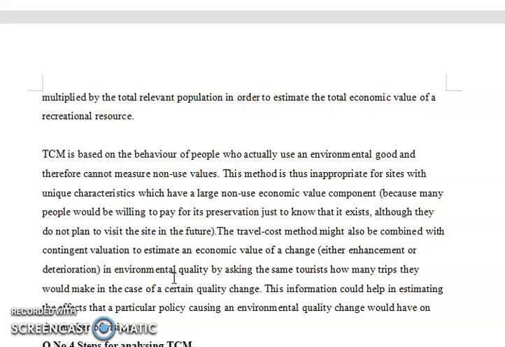This information could help in estimating the effects that a particular policy causing an environmental quality change would have on the number of visitors, whether in a good way or a bad way, and to what extent.